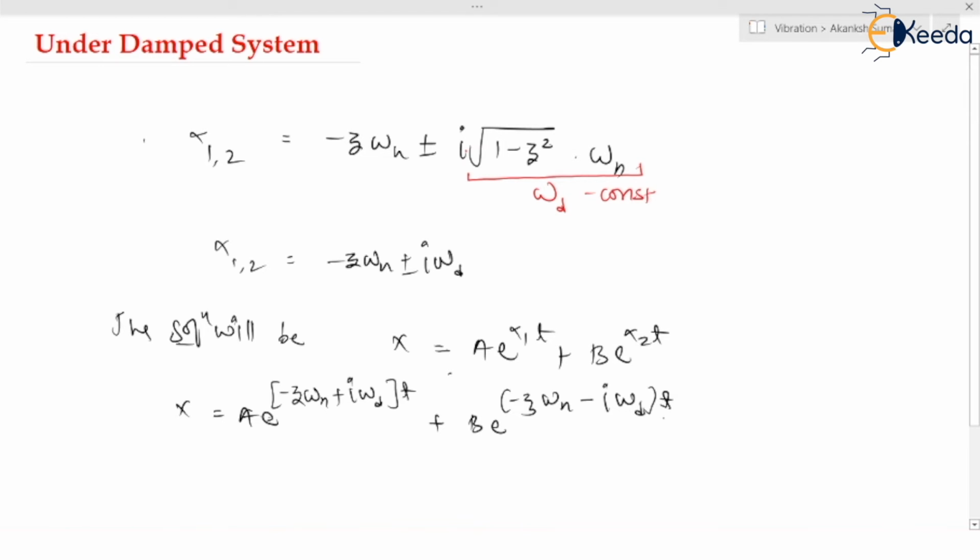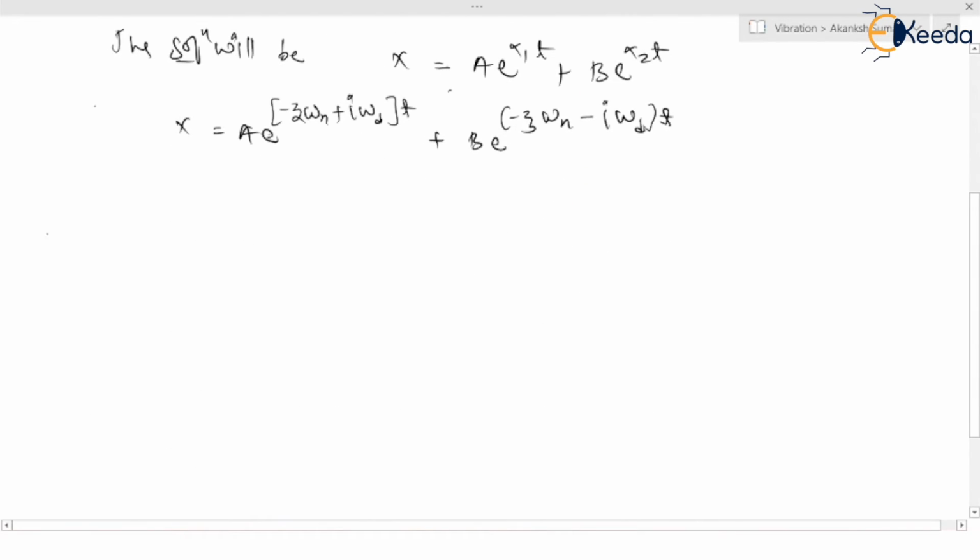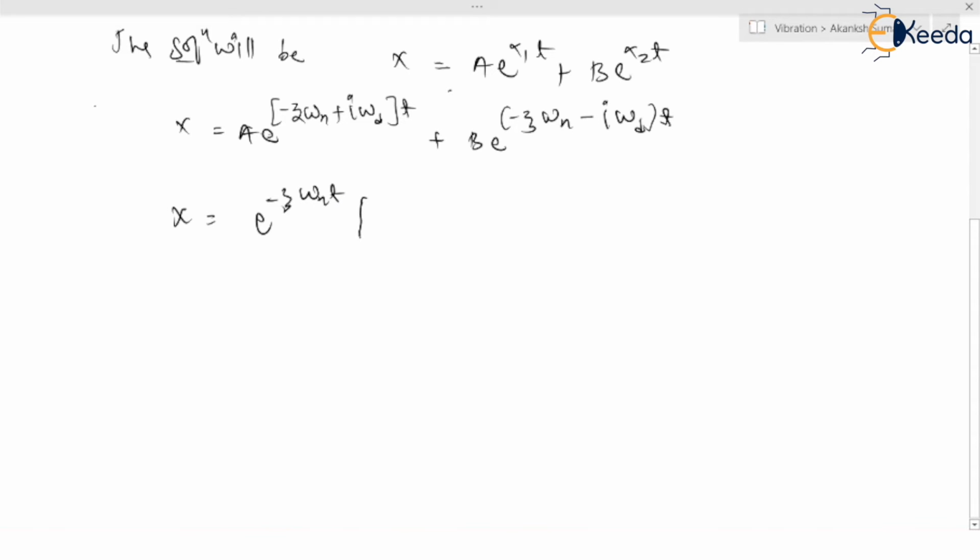Now when you rearrange this equation, you get some value. I'm just rearranging these equations. So it would be x equal to e to the power minus zeta omega n multiplied by t, bracket a plus b cos of omega d t. This is a procedure you will study in the mathematics of differential equations.